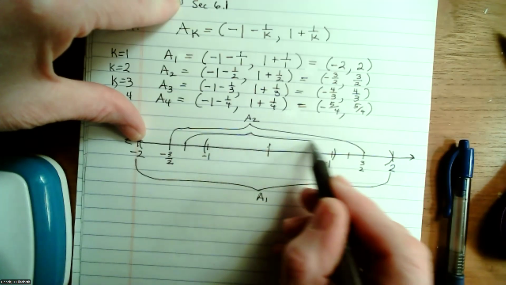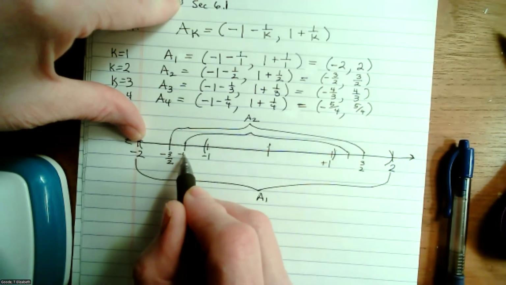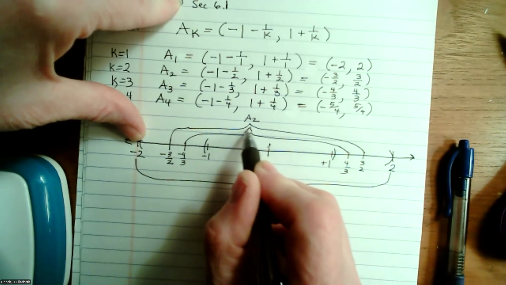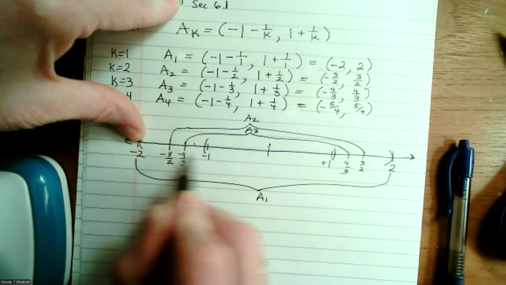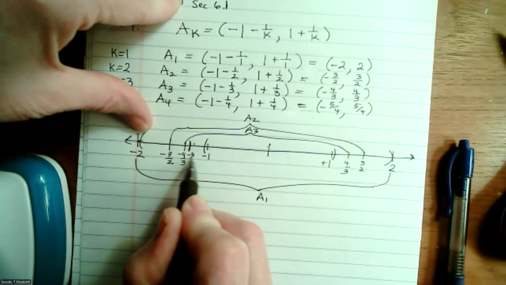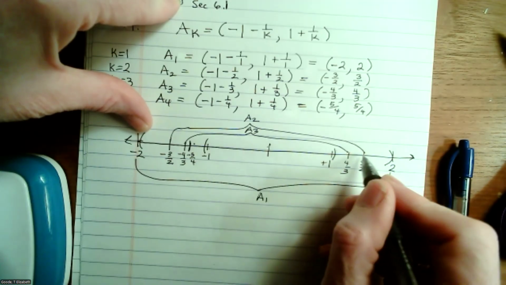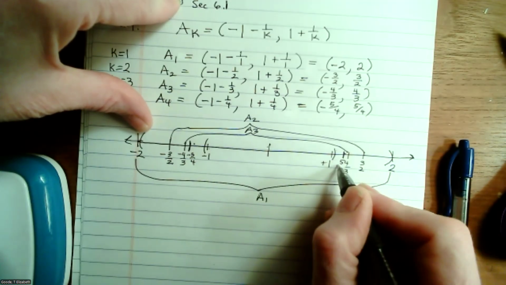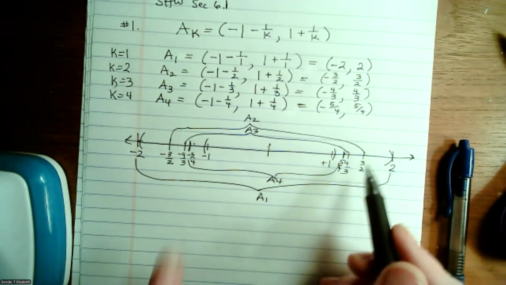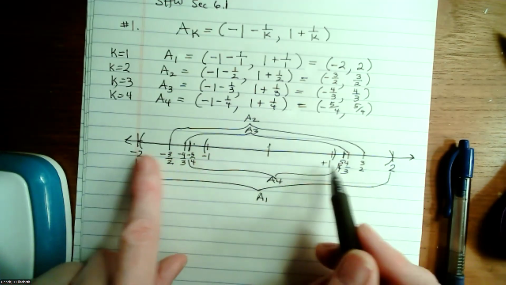So from -4/3 to +4/3, and then halfway, I guess right there would be -5/4, and then right there 5/4. It's hard to draw, but the point is, they're nested this way.